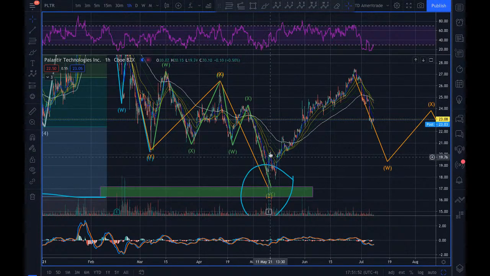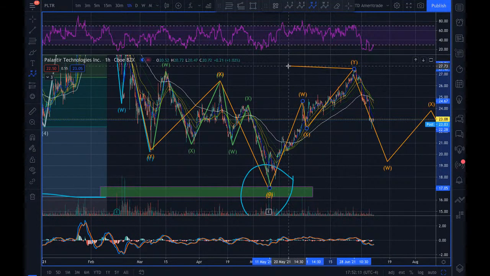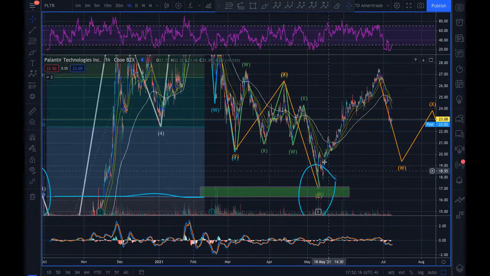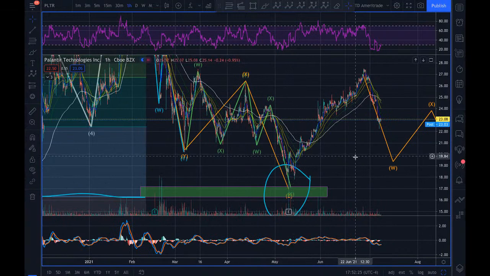I don't see a clear 5 waves up. I think it's a 1, 2, 3. Something like that. So it's hard to tell though. That's a hard wave to read, but it does not look like a clear 1, 2, 3, 4, 5 like I would want it to.